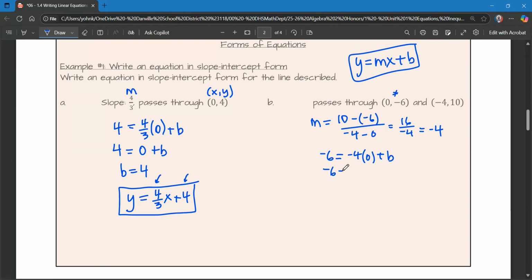So -6 equals, well, this gives me 0. So b is -6. Don't forget, you got to write your equation. y equals m, which is -4, x plus, or in this case, -6.